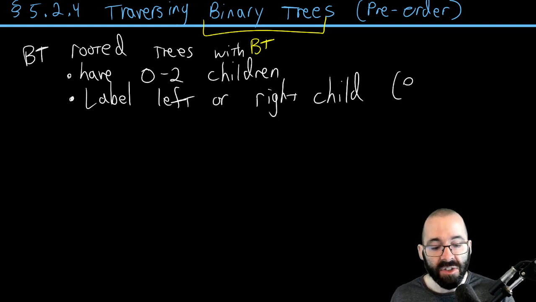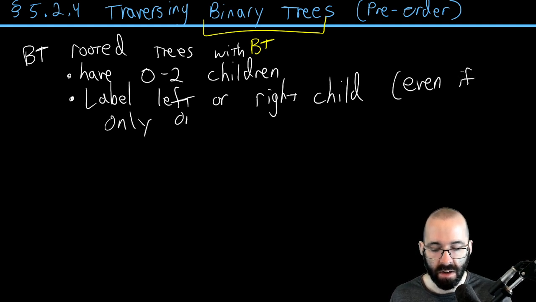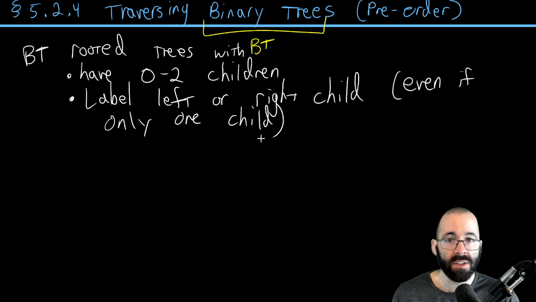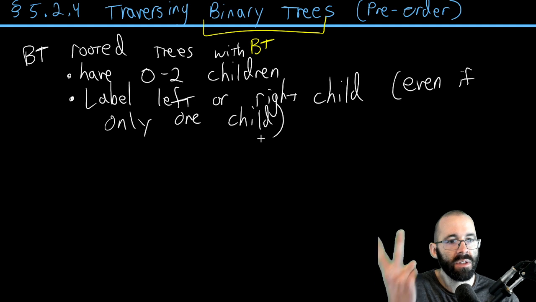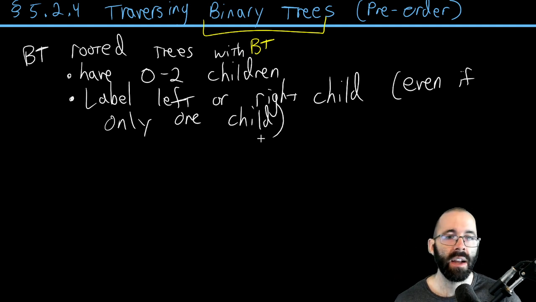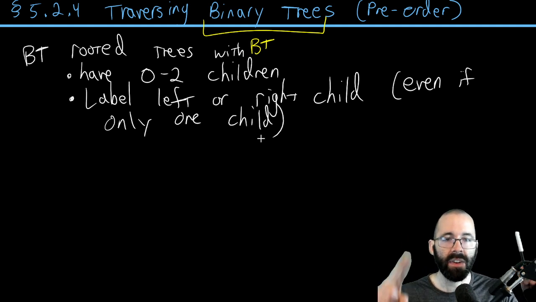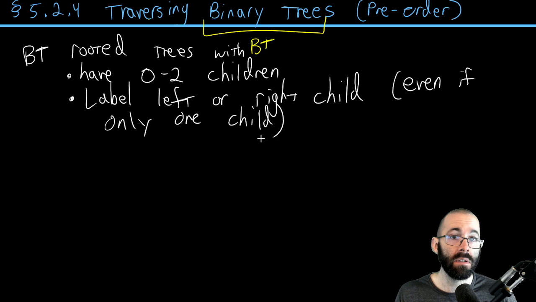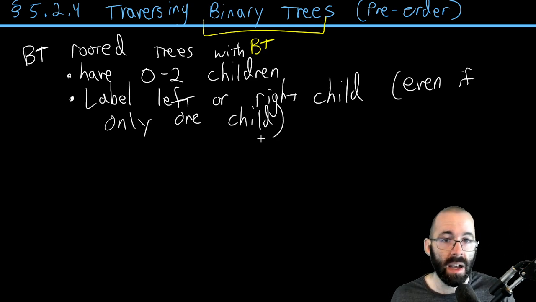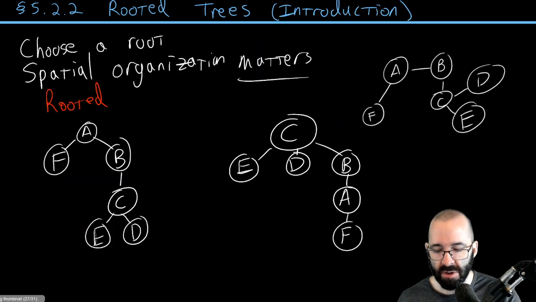And that's even if there's only one child. Okay? So that's all a binary tree is. That you have at most 2 children, and you very clearly specify, again, here for rooted trees, spatial orientation matters. You specify which one's a left or right.